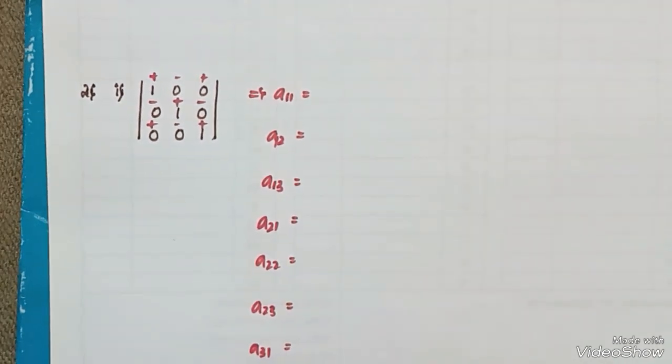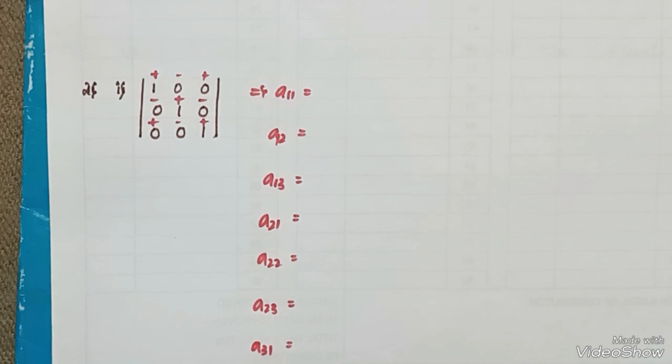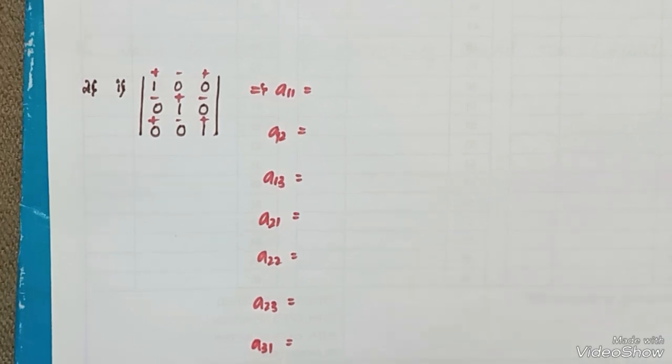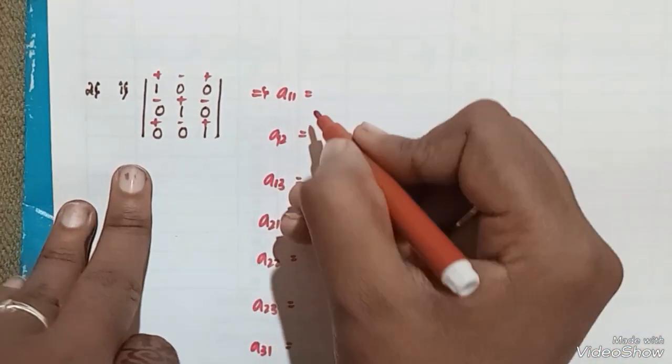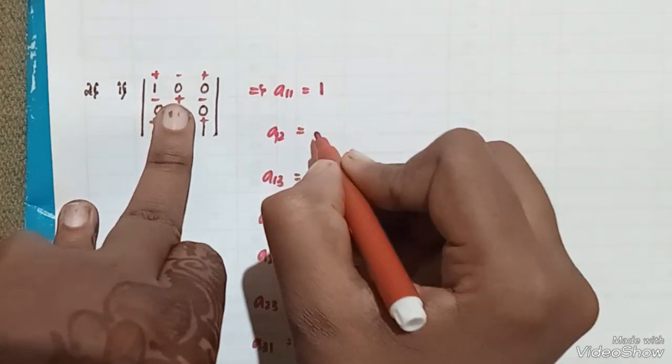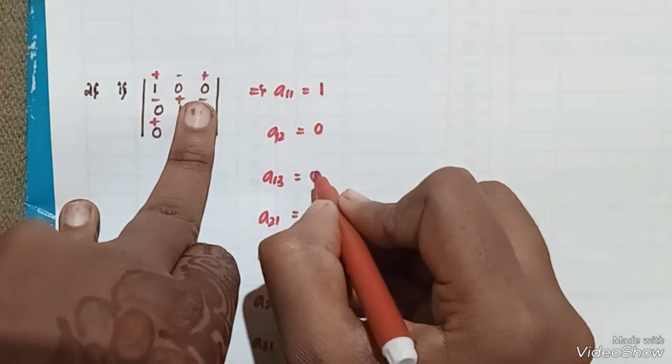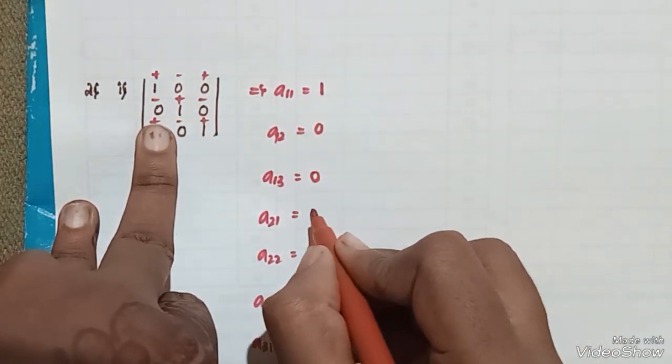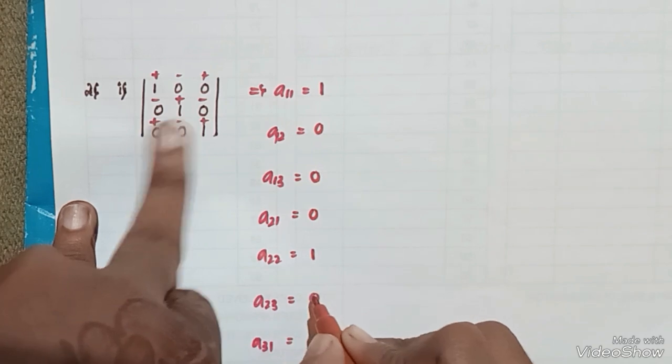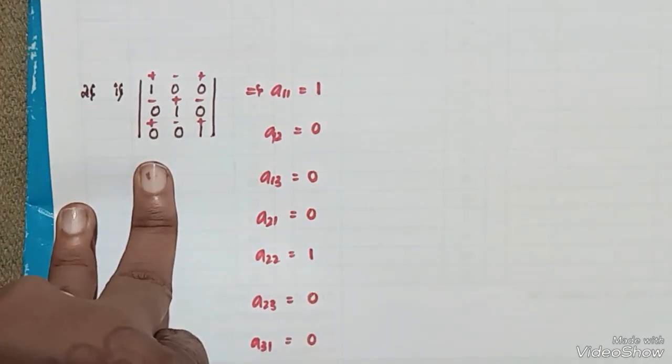Now the first element A11 is 1. Here the rows are 1, 0, 0; 0, 1, 0; 0, 0, 1.